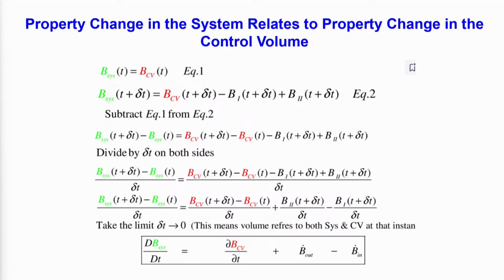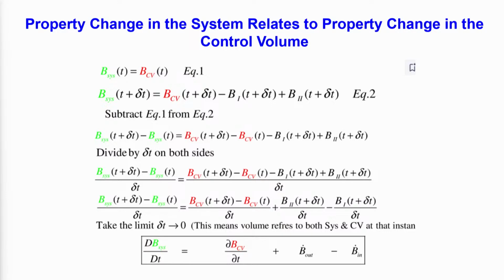So, you subtract and divide by delta t and take the limit as delta t tends to 0. The left hand side we can write as a total derivative. Why? Because it is the rate of change with respect to the system, but we will write its expression with respect to Eulerian variables. Anything which is fundamentally Lagrangian, but expressed through changes in the Eulerian variables, we usually denote with the total derivative.